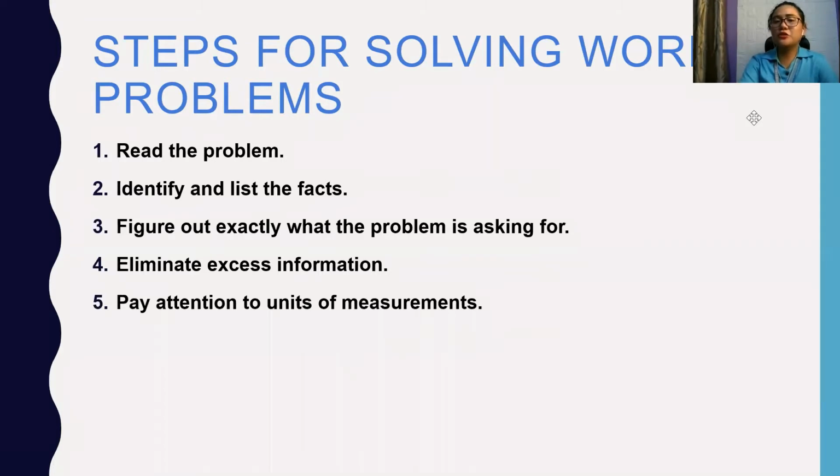Pay attention to units of measurements. Of course, since we are talking about problem solving in mathematics, there are units of measurements. For example, kilometers, centimeters, kilograms, and etc.